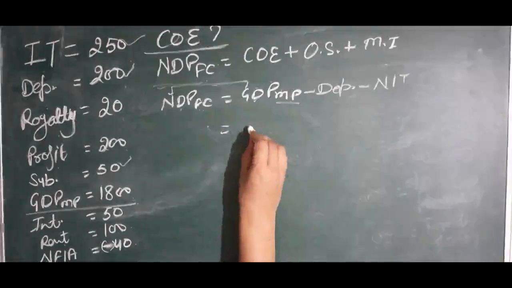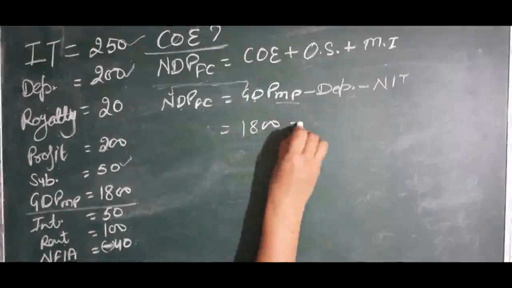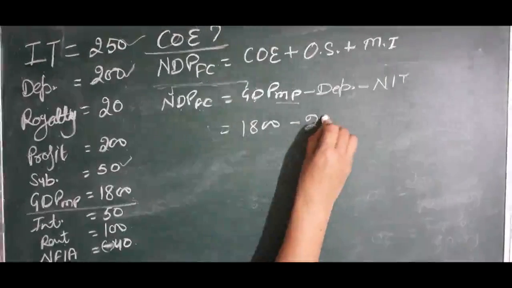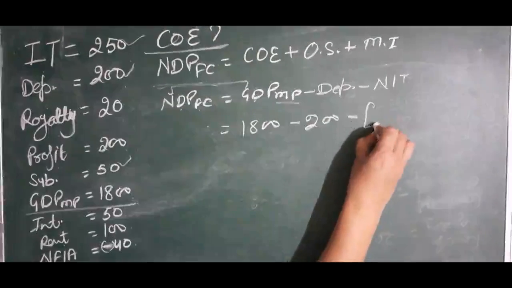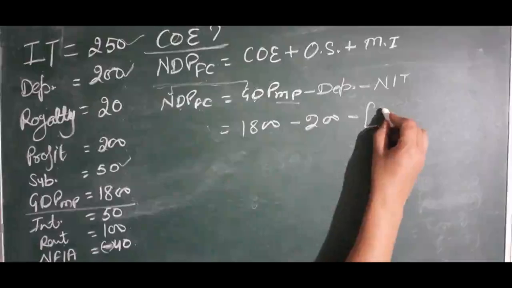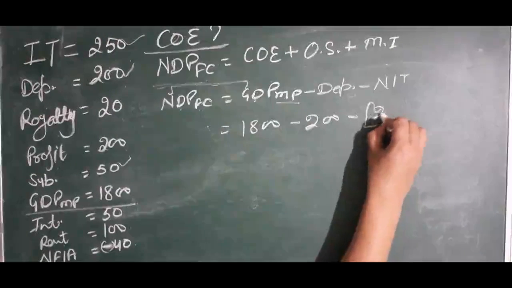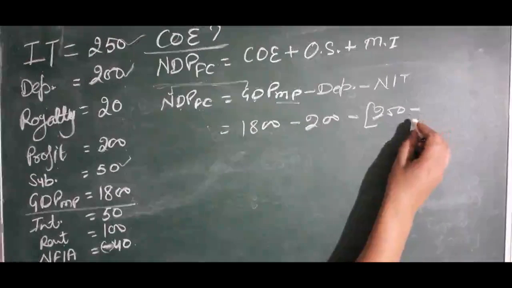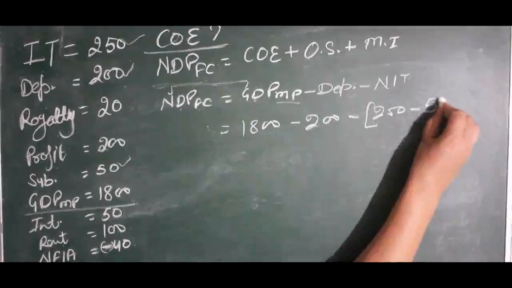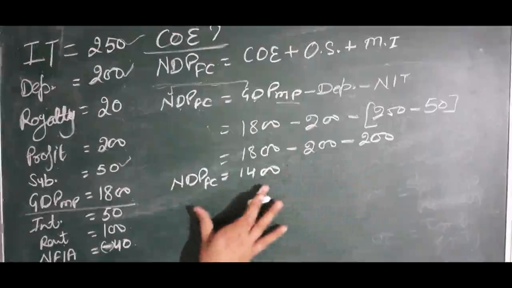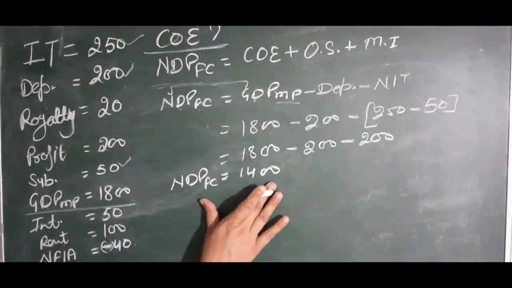GDP at MP is 1800 minus depreciation 200 minus NIT, and the formula of NIT is indirect tax minus subsidy. Indirect tax is 250 and subsidies are 50. By solving this, we get NDP at FC equal to 1400.